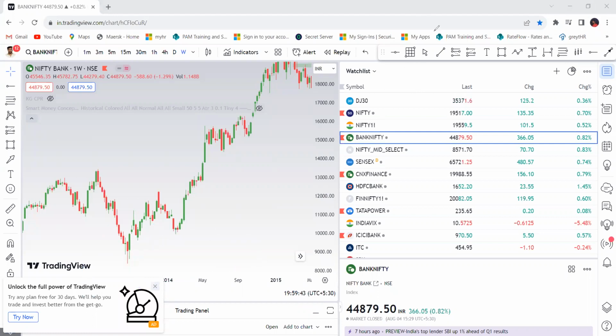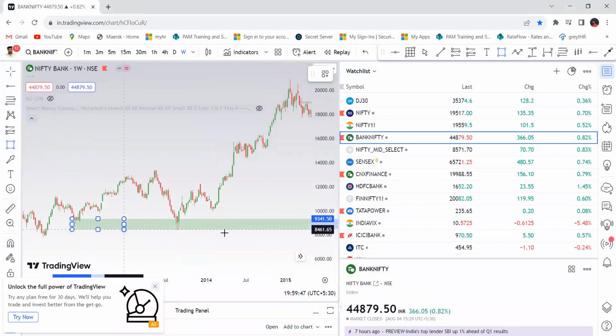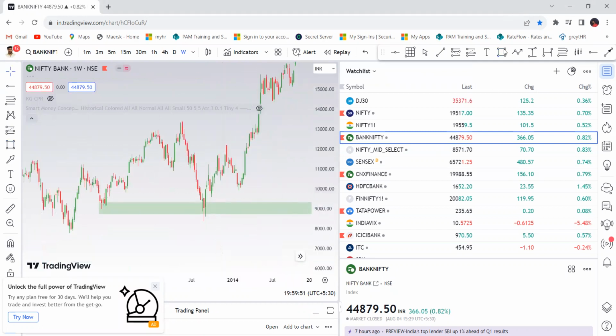Let me use the rectangle rather than this tool. See, it's basically a support. In the support, these two inverted hammers are formed, or maybe this doji. This doji is formed and the inverted hammers are formed.